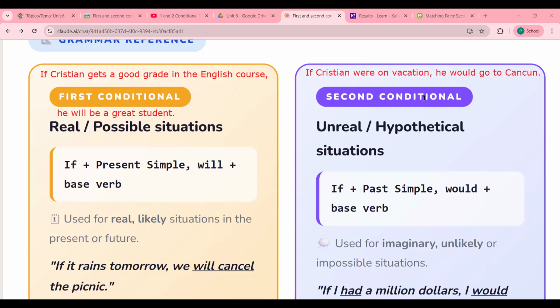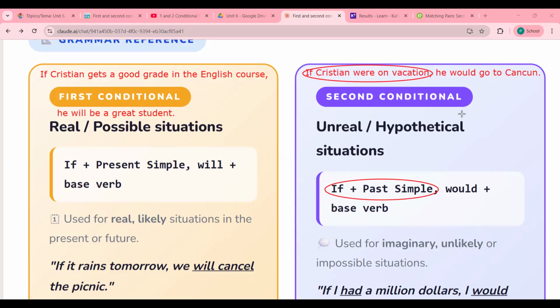The second conditional, my dear Christian and my dear students, is impossible because Christian is taking classes. But your imagination says, if Christian were on vacation, let's see, were on vacation, imaginary, if plus past simple.